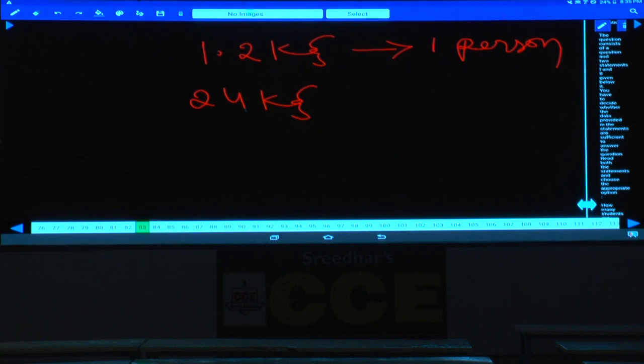If 1.2 kgs increased for 1 person, and 24 kgs increased in total, how many persons are there? 20 persons. Got it or not? Followed everybody? Sure?